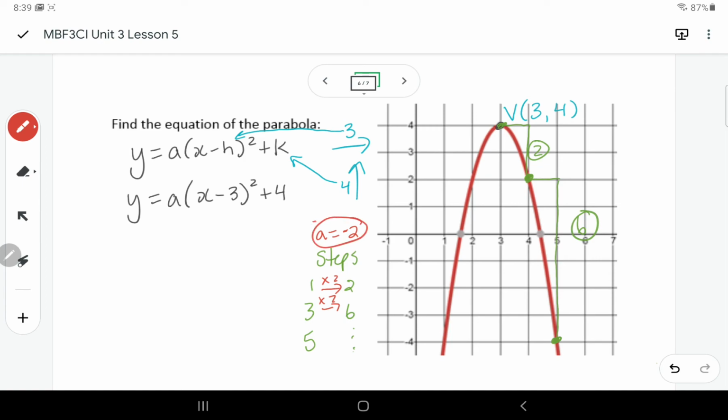So then that is how we get the last piece of information to make this equation. So here we get y = -2(x - 3)² + 4. So that's how I can find the equation of a parabola from the graph.